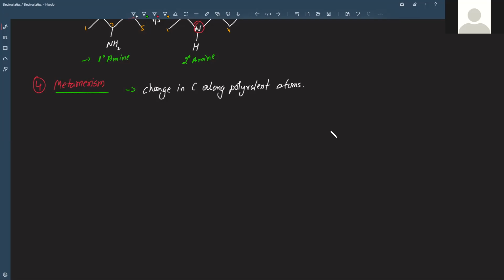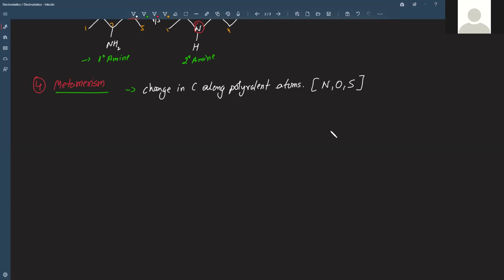Such elements or atoms in organic chemistry are only nitrogen, oxygen and sulfur. In all metamers, the functional groups are same, so there won't be any difference in functional group, otherwise it will become a functional isomer.